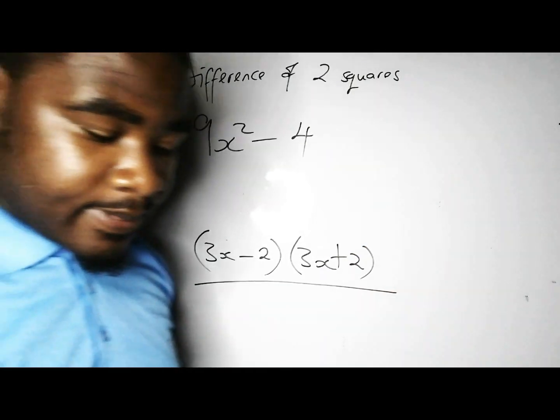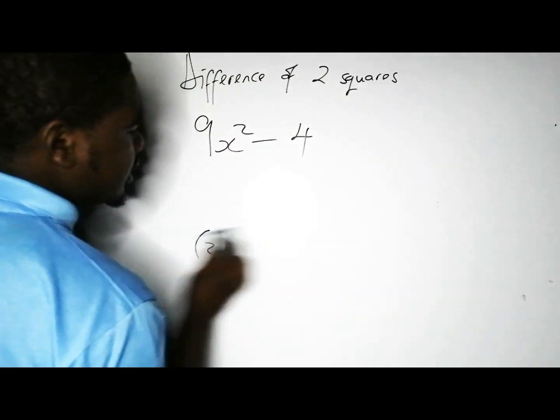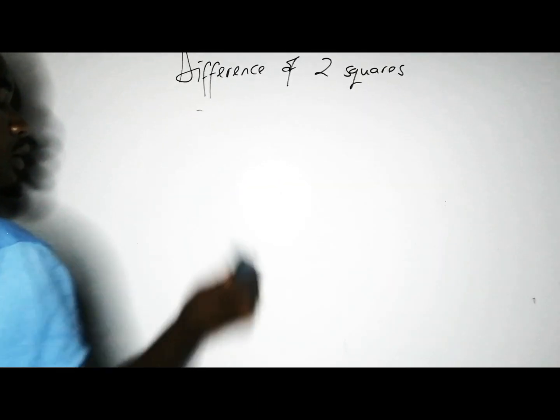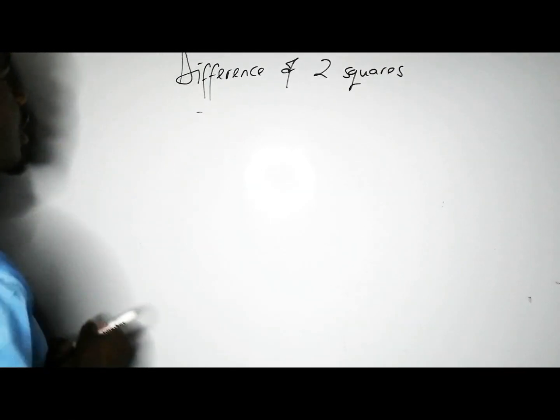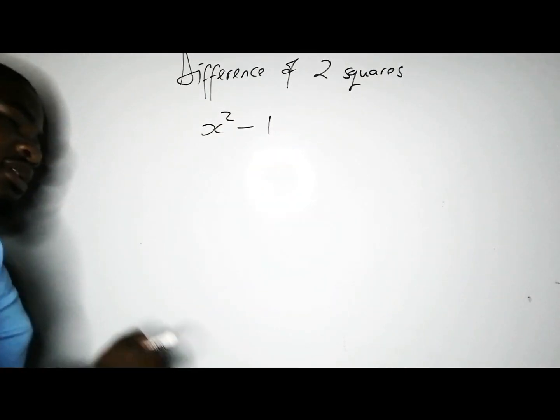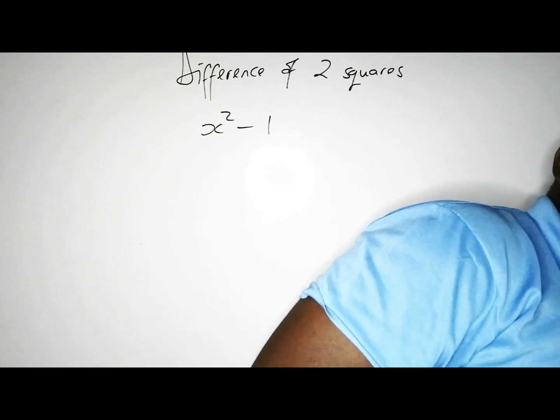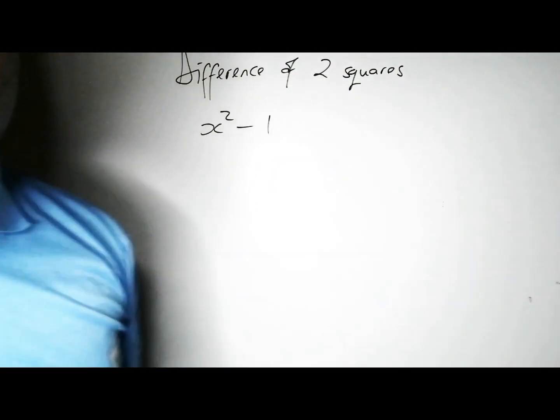Second example. x squared minus 1. Here is a difference of two squares again. Why?